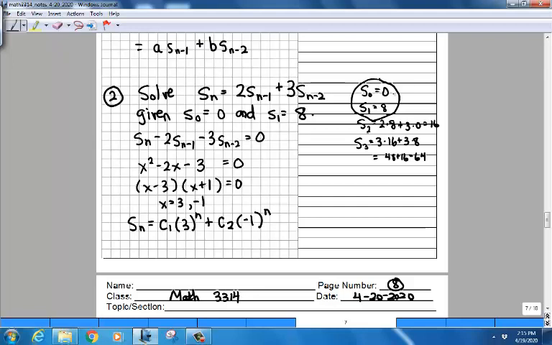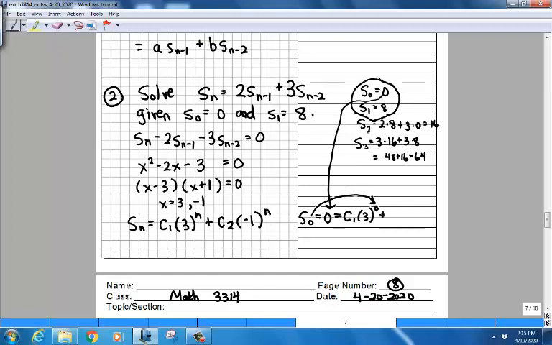S sub 0 is supposed to be 0, and S sub 0 is also supposed to match this formula. So 0 should be C1 times 3 raised to the 0th power, since the subscript here is 0. This value 0 came from my initial condition.